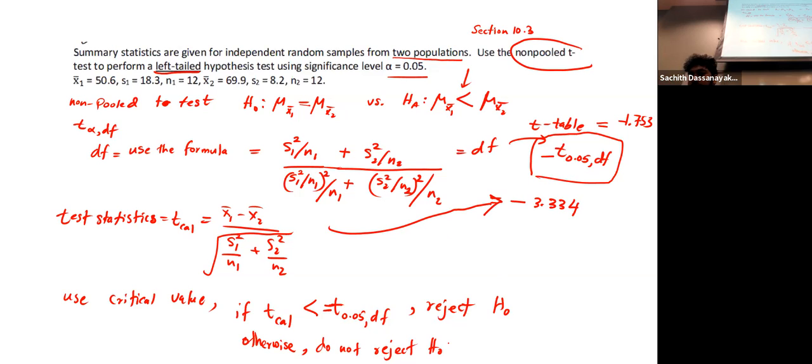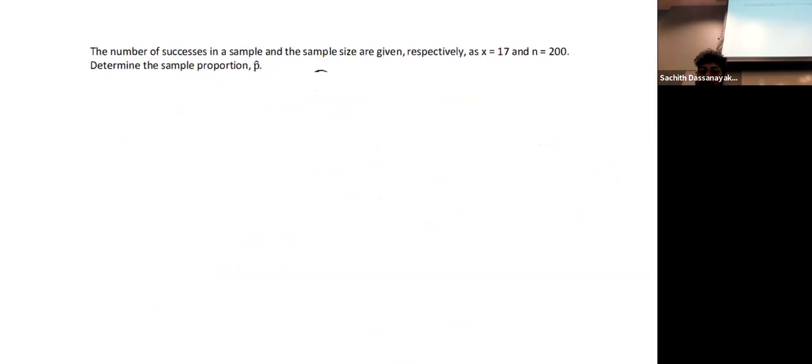Because you can see -3 is less than -1, so definitely you have to reject. Some answers say do not reject, some say reject, so this is the correct answer. As I mentioned, you have to go through these calculations. Okay, this is really easy.